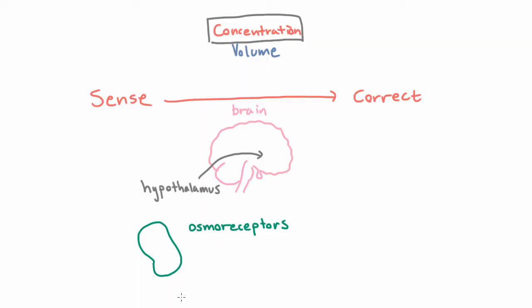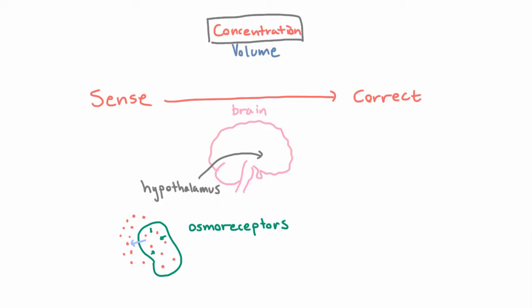And the way it works is just the usual chemistry. So this osmoreceptor, like any cell, has some solutes dissolved inside it, and in the extracellular fluid there are some solutes as well. But if the amount of solutes in the extracellular fluid suddenly increases, what do we get? We get a shift of water out of the cell, so that the cell actually shrinks a little bit.